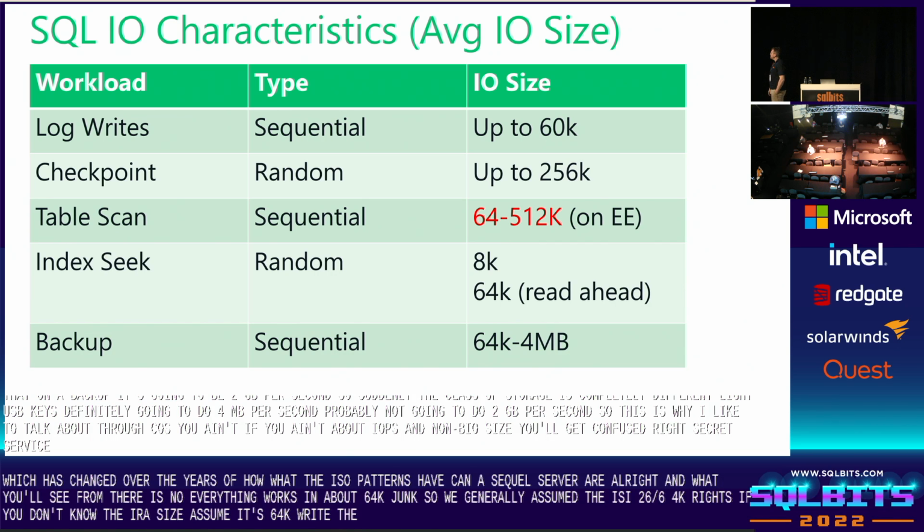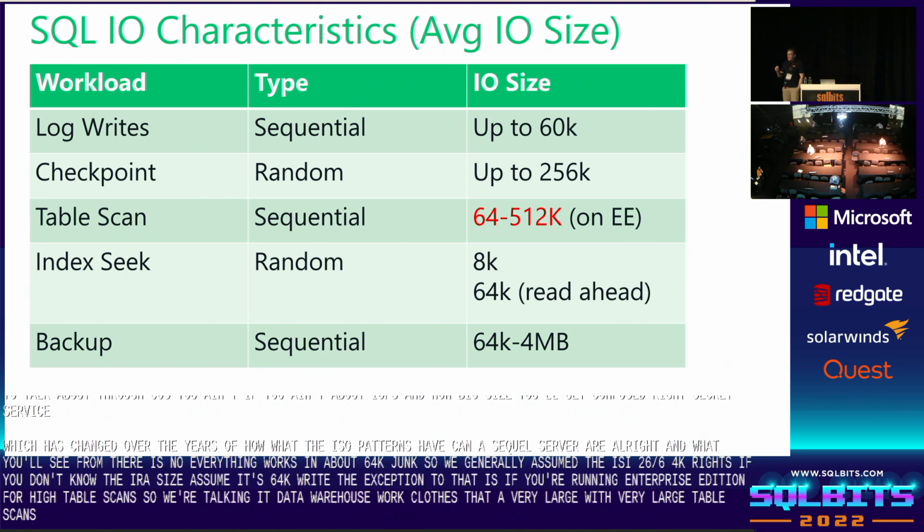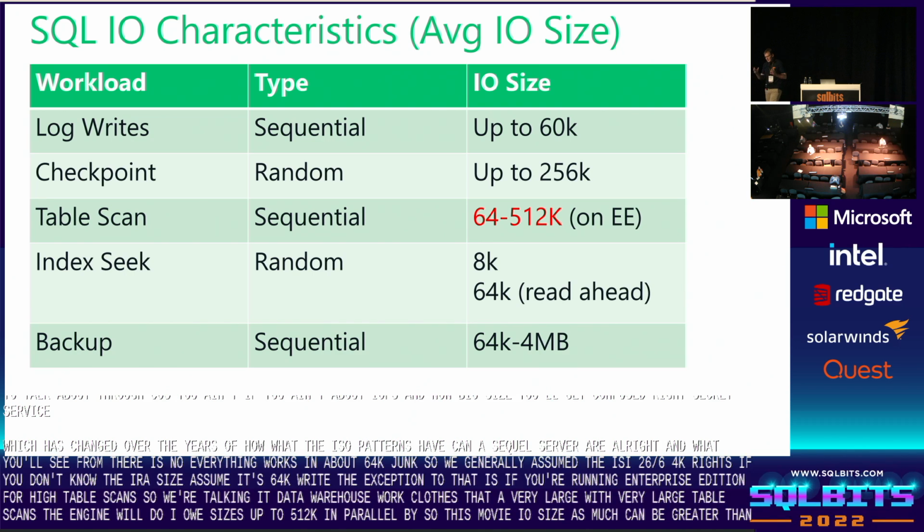The exception to that is if you're running Enterprise Edition for high table scans, so we're talking here data warehouse workloads that are very large with very large table scans, the engine will do I/O sizes up to 512K in parallel, right? So this means your I/O size can be greater than 64K.